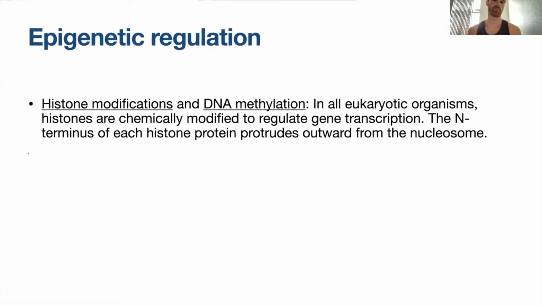In all eukaryotic organisms, histones can be modified, and this is going to affect transcription of genes in the DNA. As I said, this N-terminal tail sticks out from the nucleosome, which again was that structure of the histones and DNA in those units.